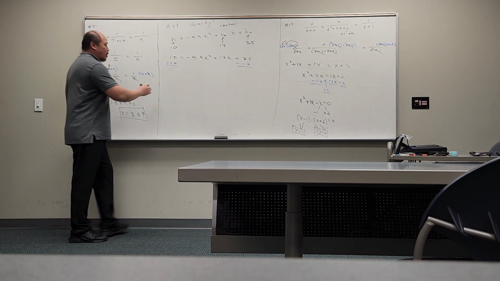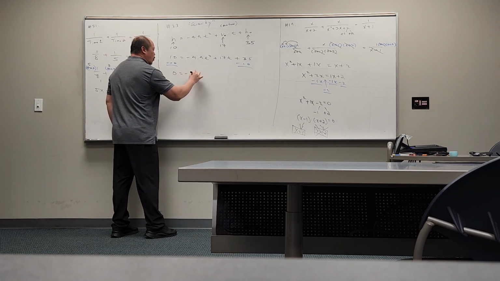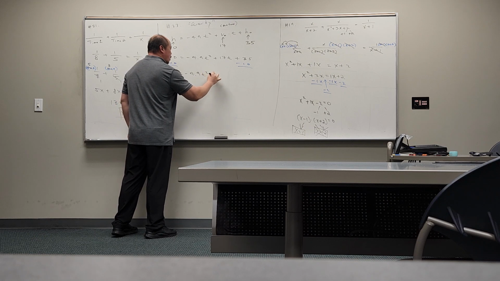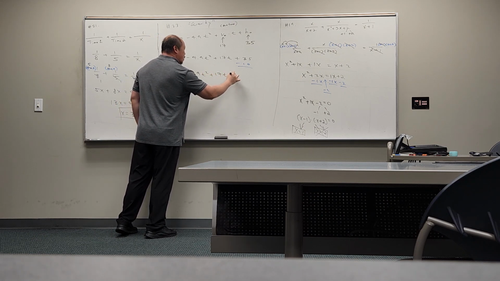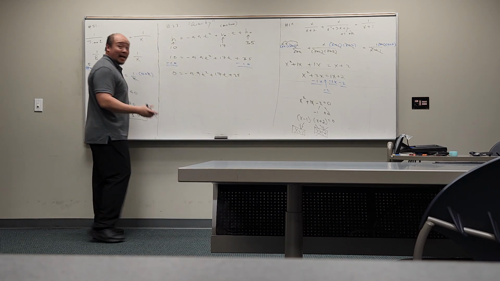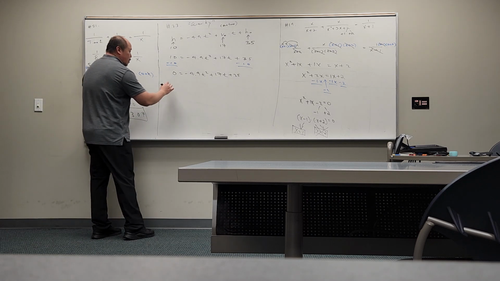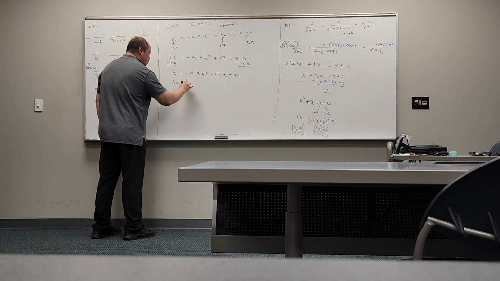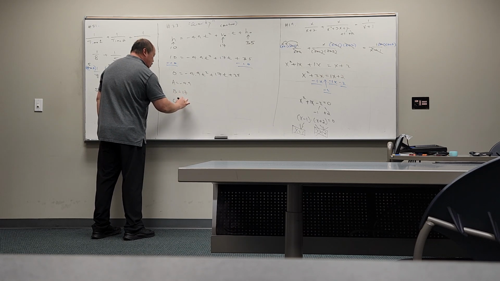So now you get 0 equals negative 4.9 t squared plus 17t plus 25. So now you get A, B, C.